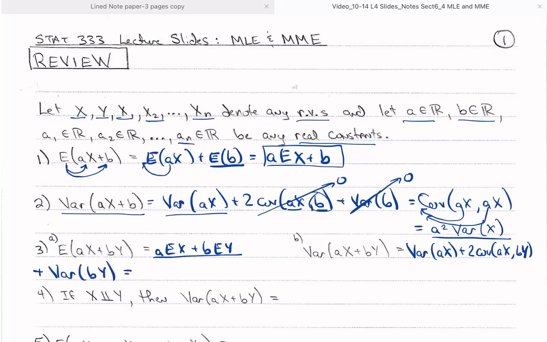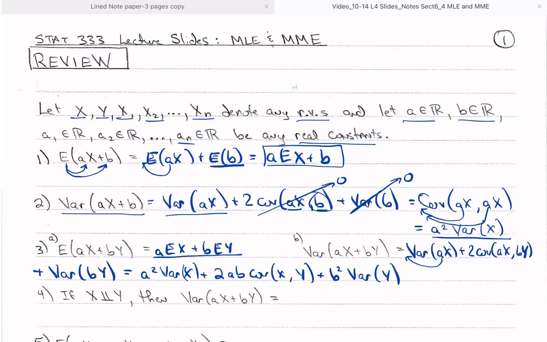And this is going to be, so I pull out the constants, A squared variance of X plus 2AB covariance of X with Y plus the variance of BY, that's going to be B squared variance of Y.